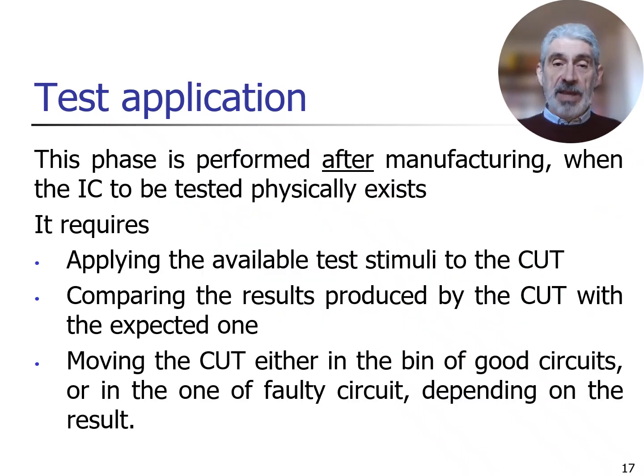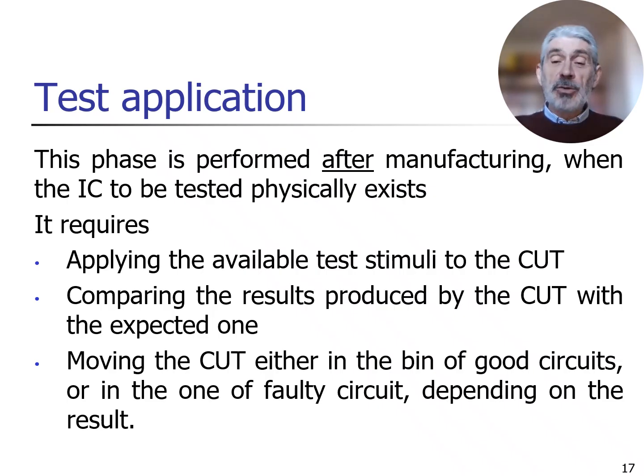During the test application phase, which happens later when the circuit has been manufactured, what we will do is use the test stimuli generated during the previous phase, applying them to the inputs of the circuit under test, observing the produced outputs and comparing the results with respect to the expected ones.